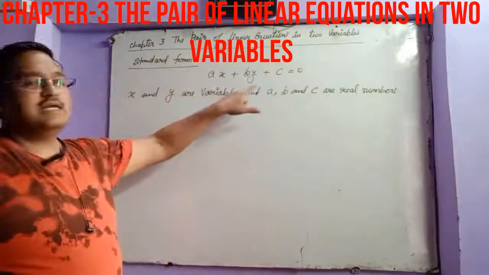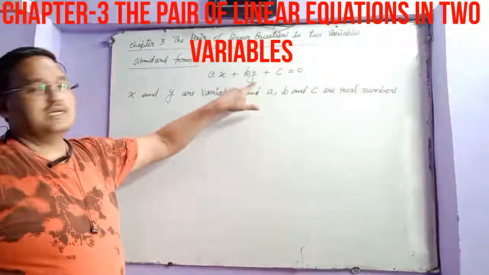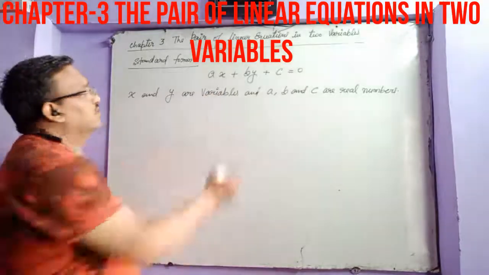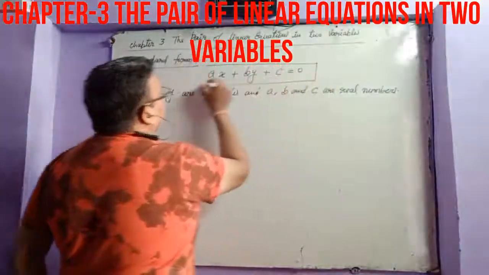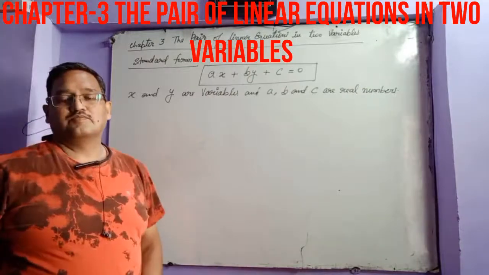Since x and y are variables, and the power of the variables x and y is 1, that's why it is called a linear equation. So this is our standard form, ax plus by plus c equal to 0.